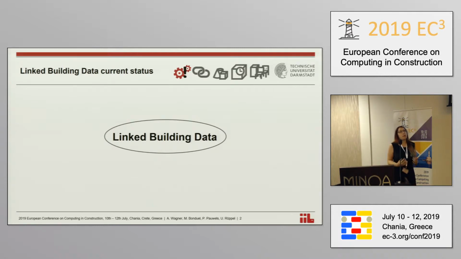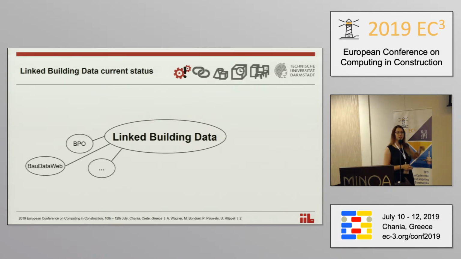Beginning with my background. My background is in linked building data. I don't know if you've already heard of that. We're using semantic web technologies and linked data to make the built environment a better place, in our opinion at least. And we have already managed to do a lot of things.